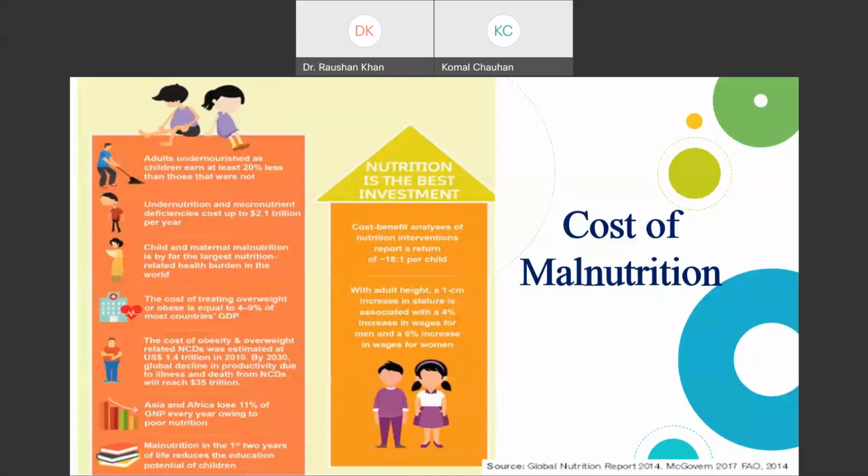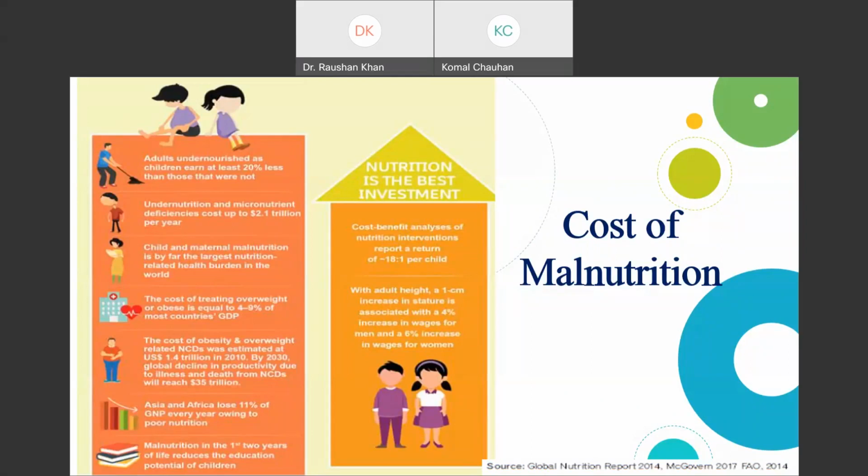The cost of obesity and overweight-related non-communicable diseases was estimated as 1.4 trillion US dollars in 2010, and by 2030 the global decline in productivity due to illness and death from NCDs will reach $35 trillion.